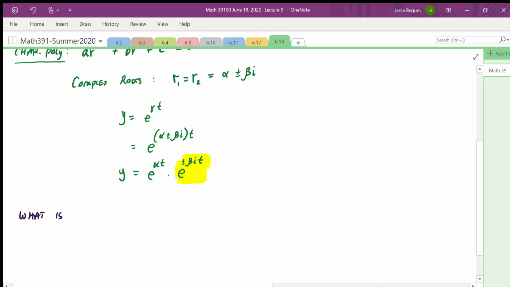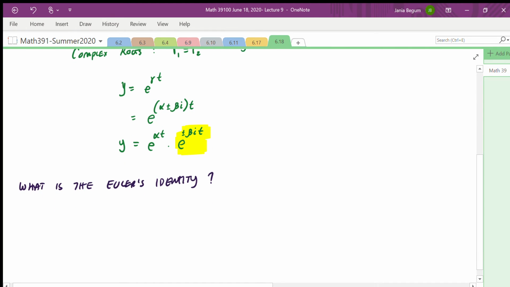So what is Euler's identity? Let's derive the formula. If you recall from calculus, what's the power series representation for e to the x?